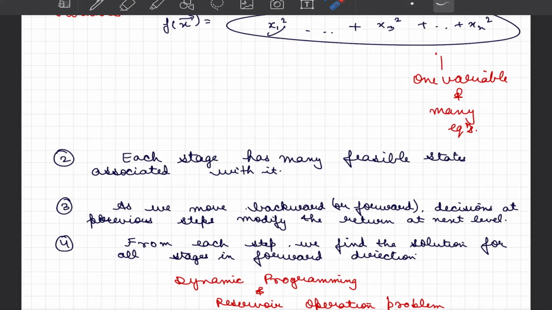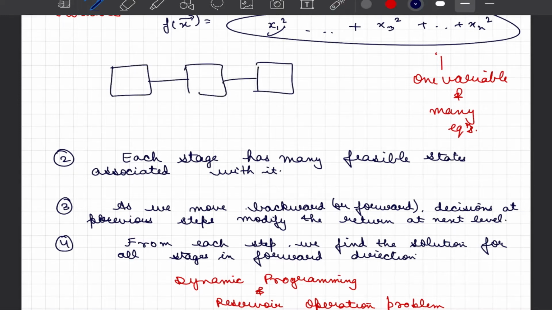Now, another thing that we have to keep in mind is that whenever we talk about dynamic programming problem, we are interested to understand what is the stage or state of the system at the beginning, and then what are the possible feasible states associated with that particular stage where we are. So, for example, we recall that when we were talking about user 1, user 2, user 3, these are the three stages in the system.